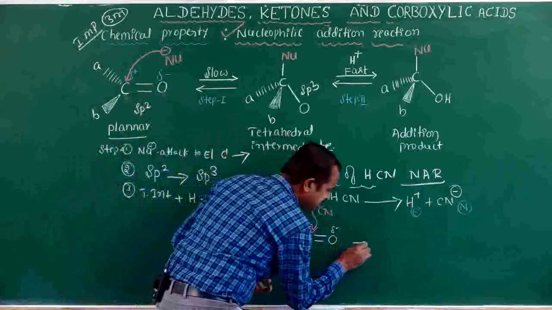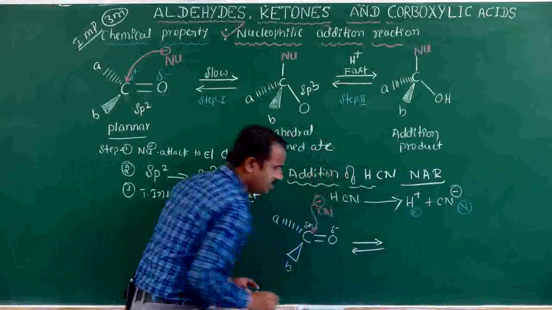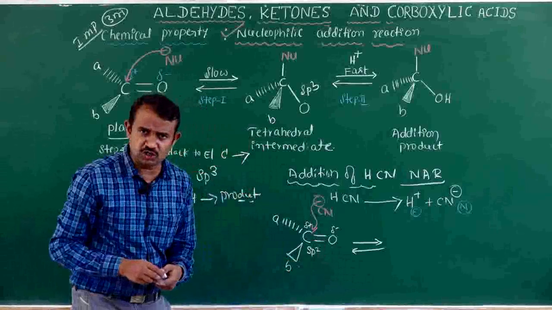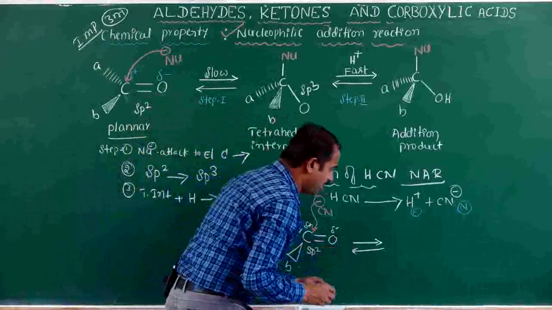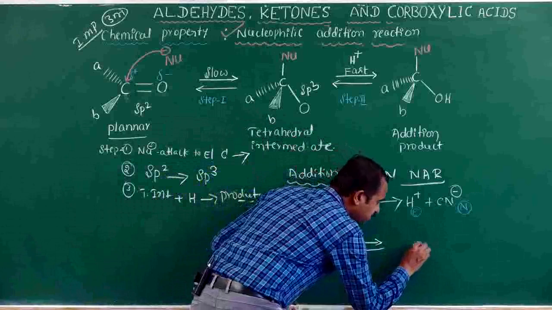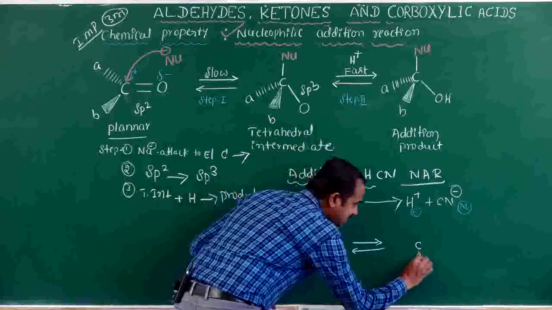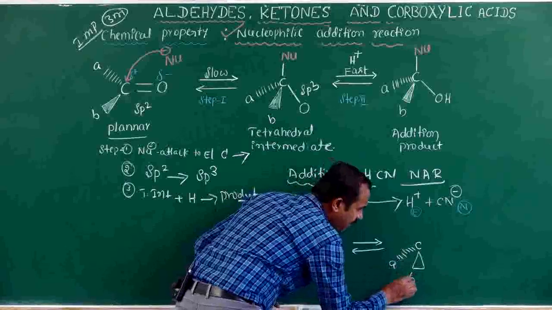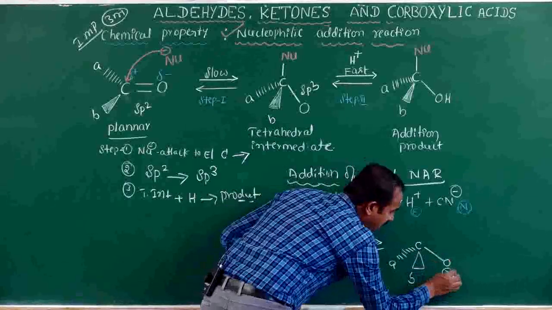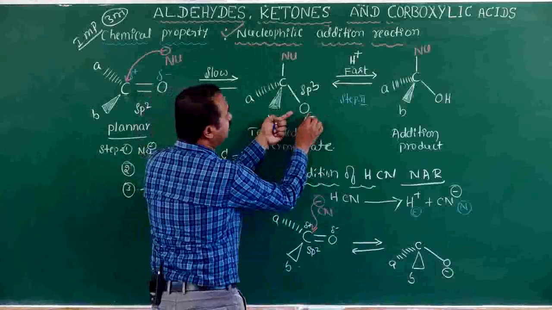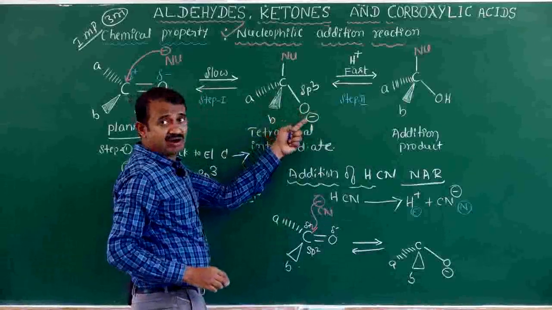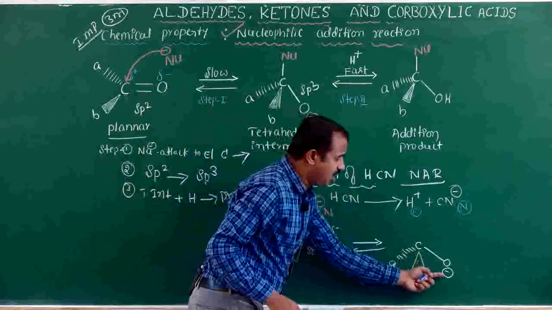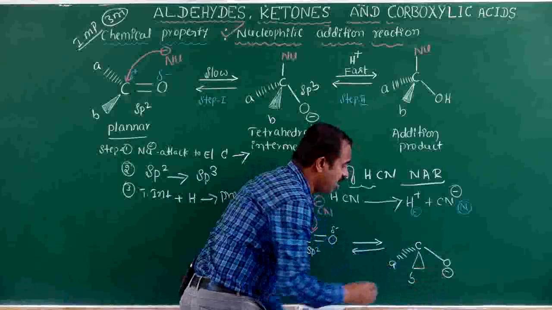When the nucleophile is attached to the carbonyl carbon, the hybridization changes from sp2 to sp3, which is a tetrahedral shape, forming the O minus alkoxide ion intermediate.